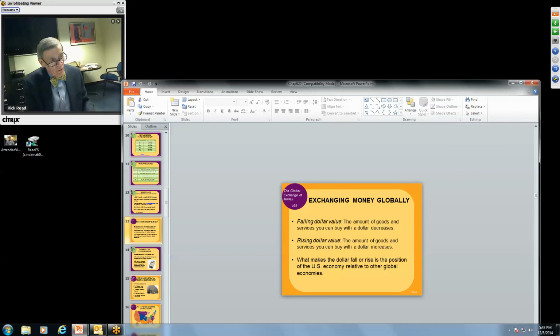So if the dollar is rising, which it is, we will find that foreign goods that come into this country are less expensive. Conversely, people who live in foreign countries will find American goods and services more expensive because of the rising dollar. The falling dollar is just the reverse, and we don't need to go into that.